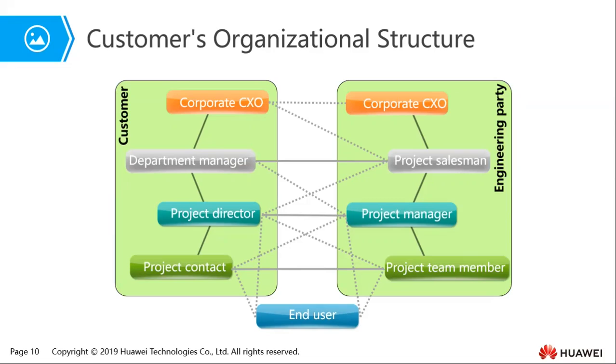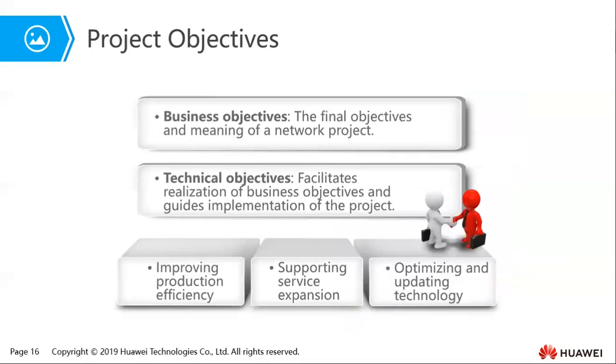Then we talk to the project director about, again, their technological inclination and how they want us to carry the project. And also the contact person, just to get information about the issues they have realized, for example, with their current network, if they have any, and any other information that might be important.